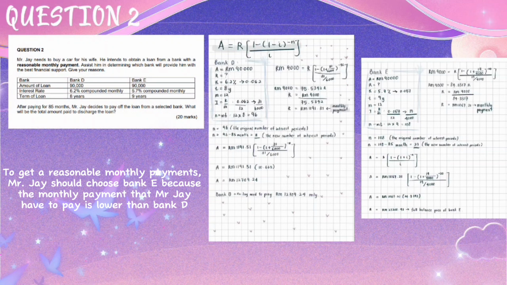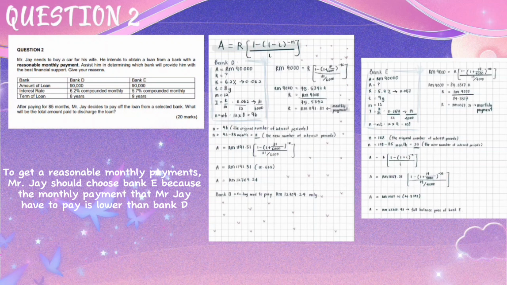So R is 1,067 ringgit 21 cents. Next, we need to calculate the total amount paid by using the new interest period. So n equals 108 minus 85 months. Then we get 23, which is the new interest period.